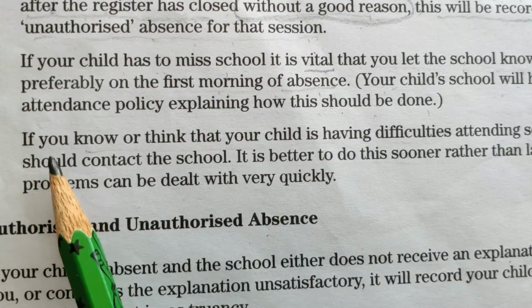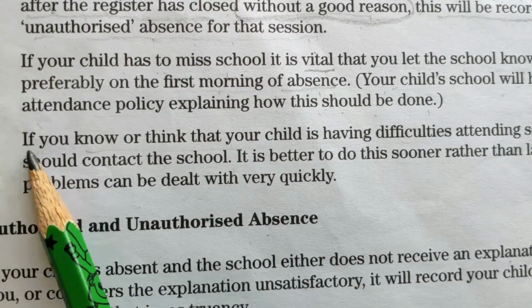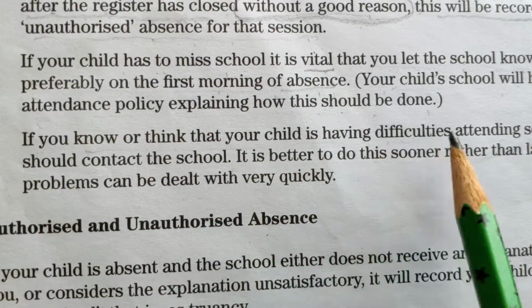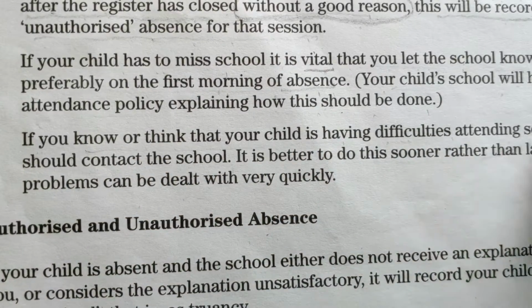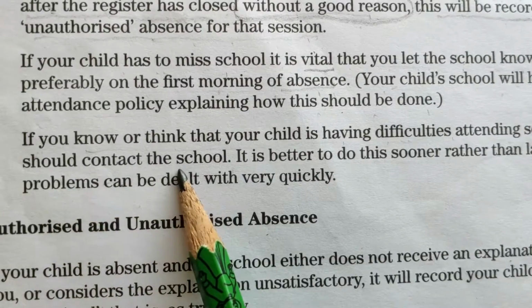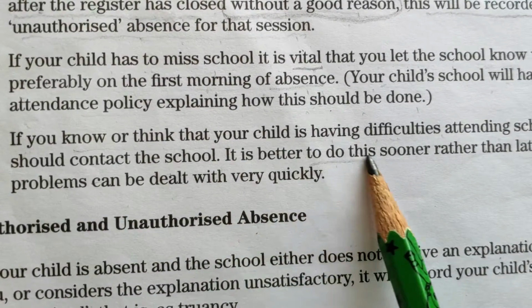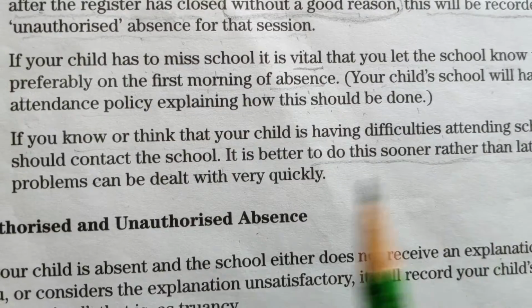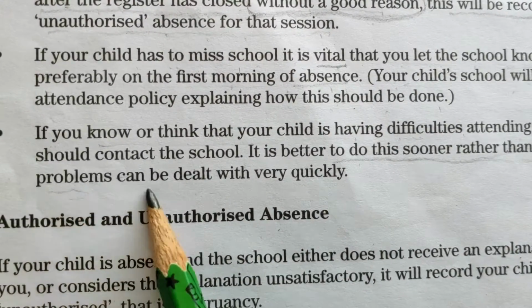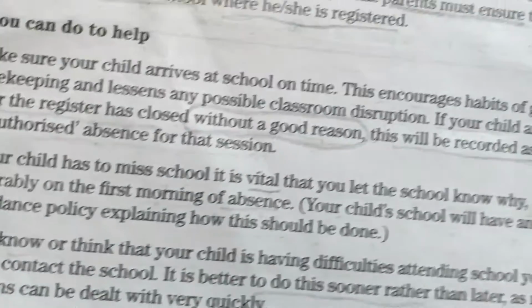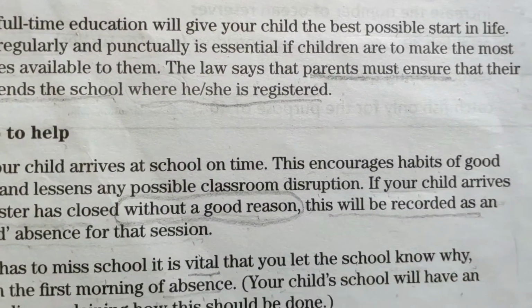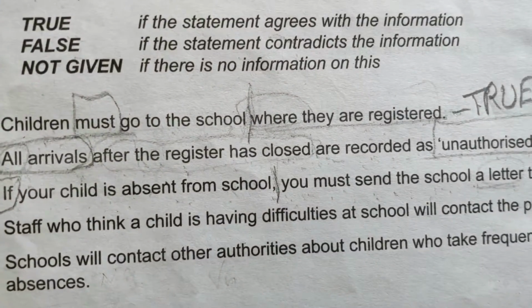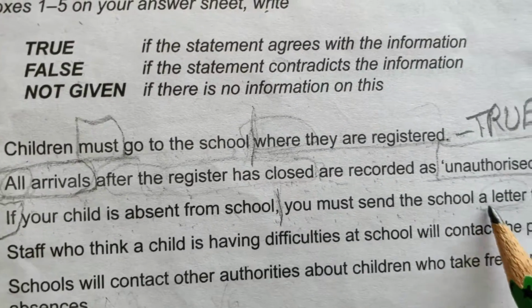Okay, let's read the next paragraph. Also, if you know or think that your child is having difficulties attending school, you should contact the school. It is better to do this sooner rather than later, as most problems can be dealt with very quickly. So it is very clear from these two paragraphs, there is no information given about a letter.